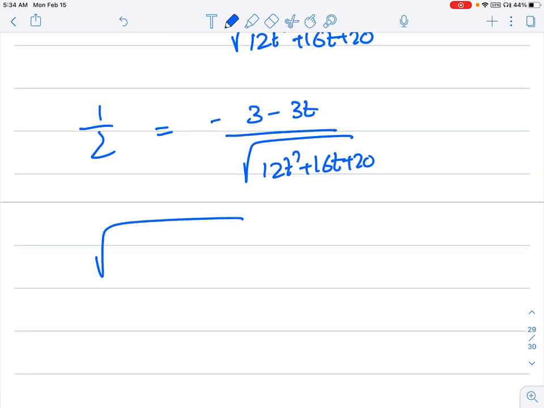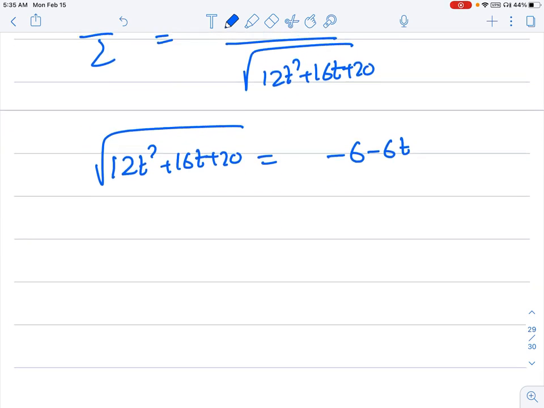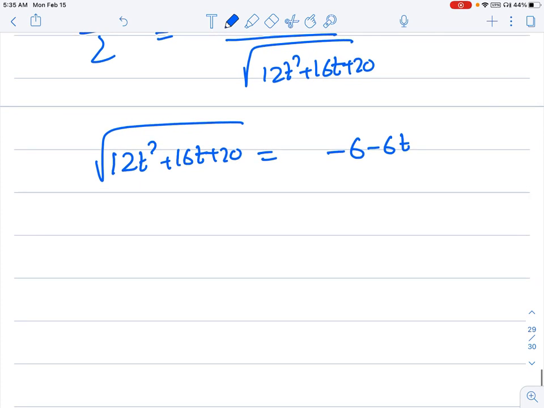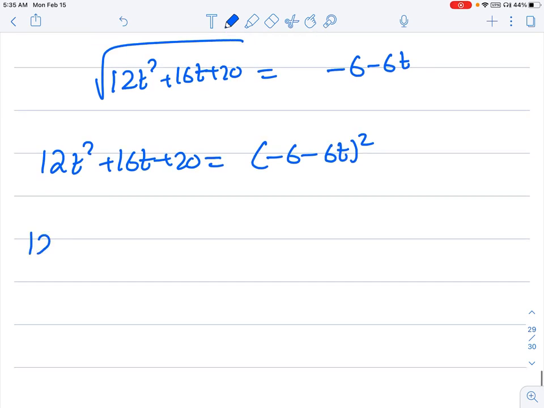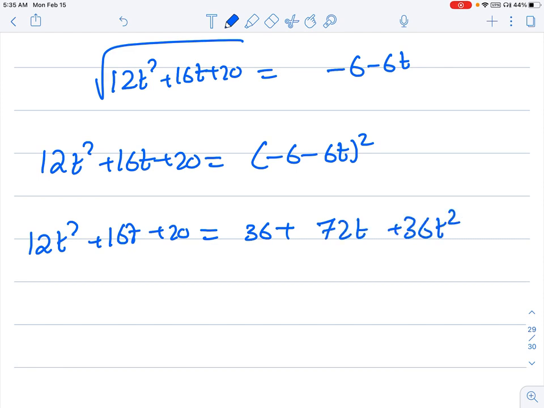Cross multiply, square root of 12t square plus 16t plus 20 is equal to minus 6 minus 6t. Now squaring on both sides, 12t square plus 16t plus 20 is equal to minus 6 minus 6t whole square. 12t square plus 16t plus 20 is equal to 36 plus 72t plus 36t square.